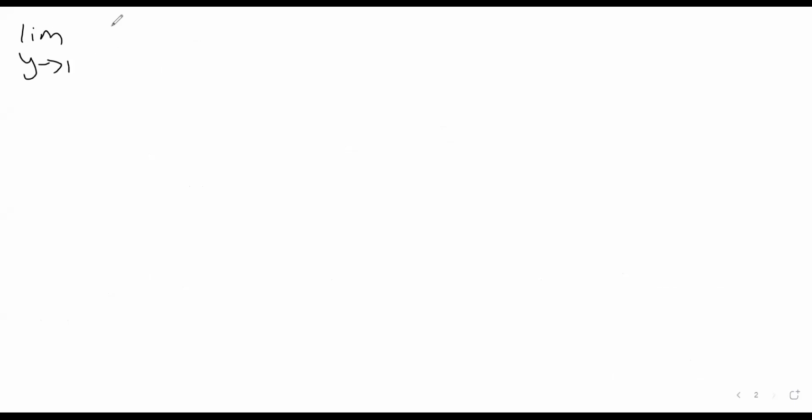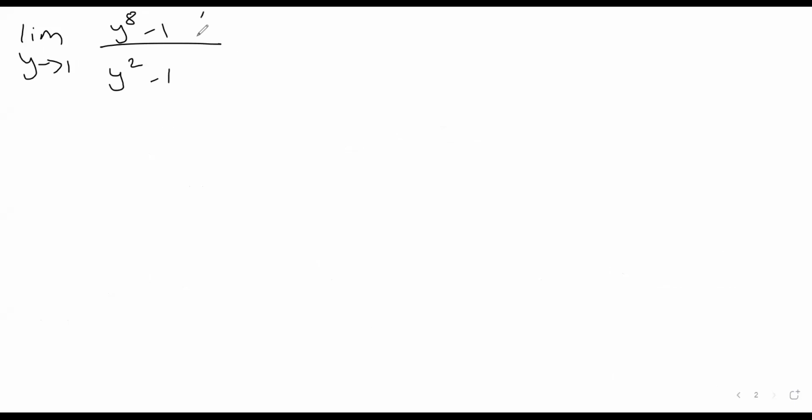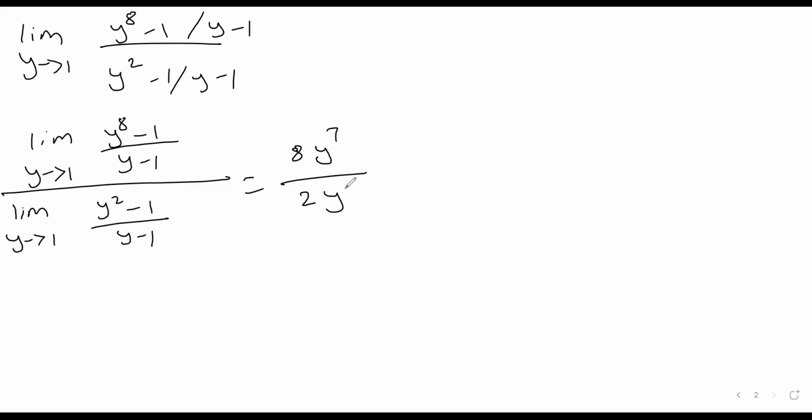Limit y tends to 1, y raised to 8 minus 1 upon y square minus 1. So I will write down y minus 1, y minus 1, right? So this is limit y tends to 1, y raised to 8 minus 1 upon y minus 1, whole thing upon limit y tends to 1, y square minus 1 upon y minus 1. This will become 8 y raised to 7 upon 2 y raised to 1.